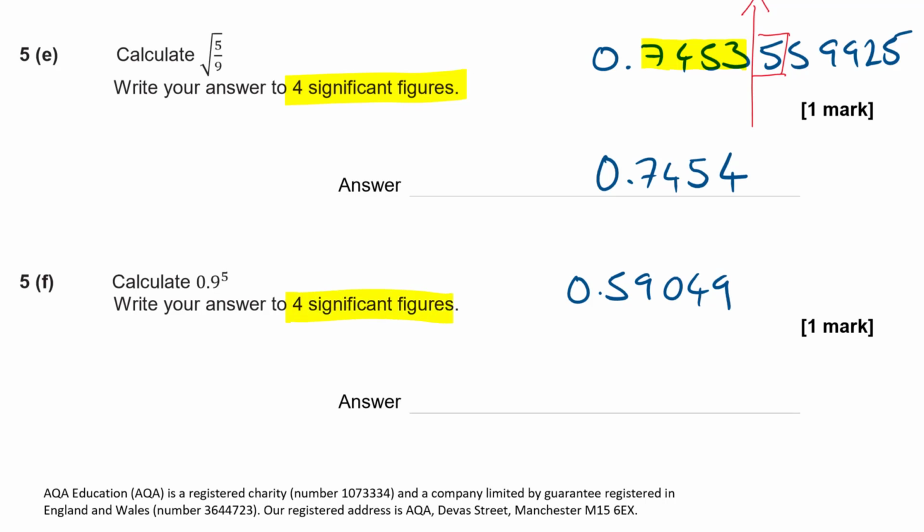Not counting the 0, my first significant figure is the 5, then the 9, and then the 0, and then the 4. Okay, and I'm going to cut off after the 4. Next digit, look, it's a 9, so I need to round up. 5 or more, raise the score, it's going to go up. Okay, so my 0.5904 is going to become 0.5905. Just increase that by 1.